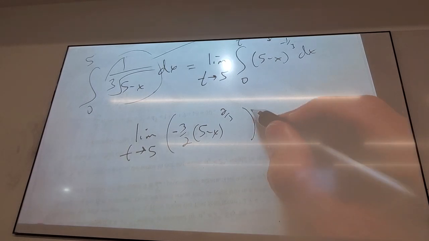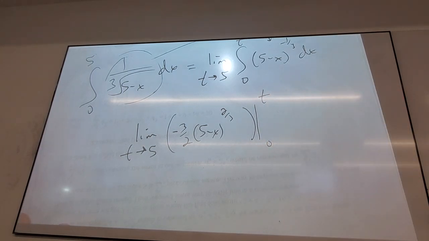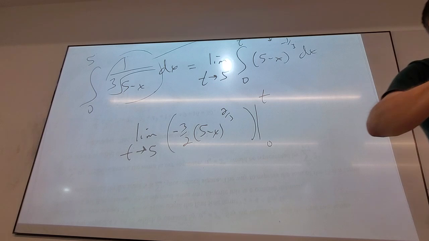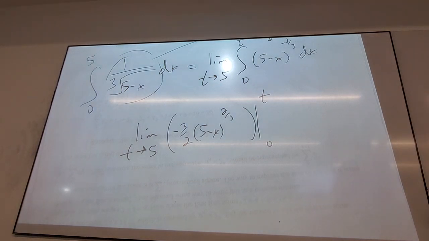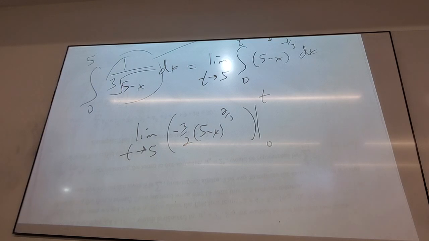And this is, of course, from 0 to t. So this specific function, the original function I'm working with, at 5, there's an asymptote, yes? Let me see if you guys are cool with this.